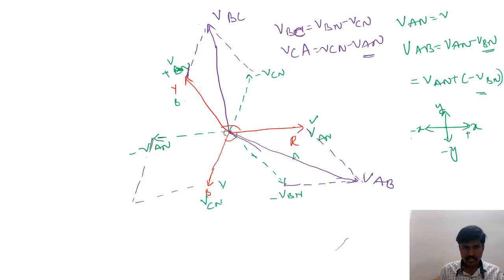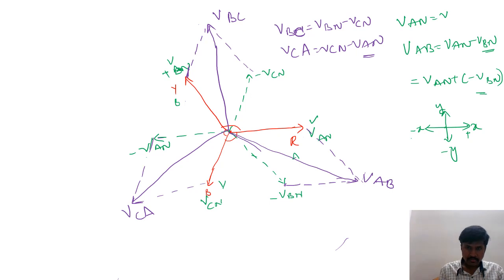So we'll get one resultant. So it is like this. This is the line voltage VCA.